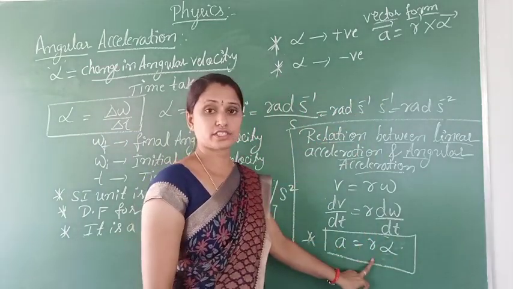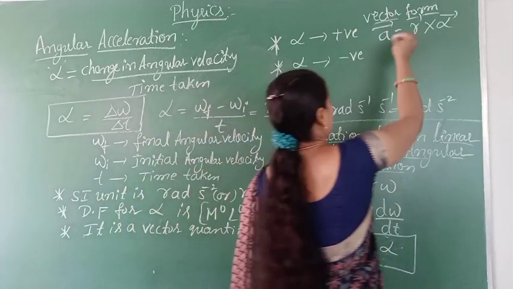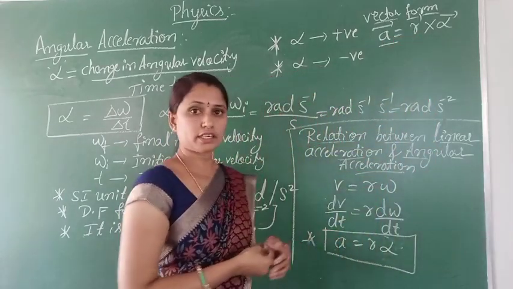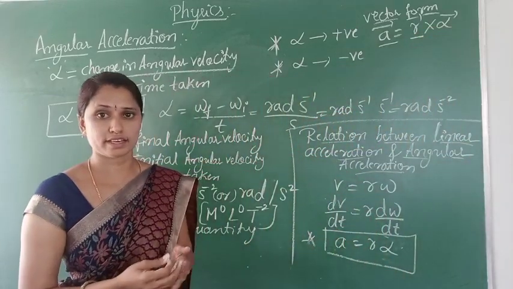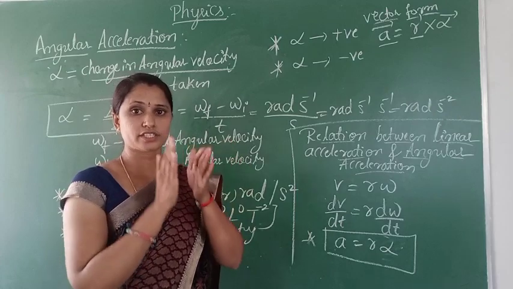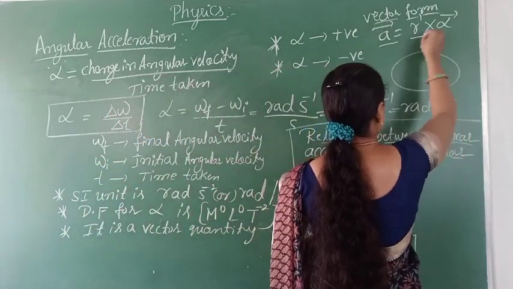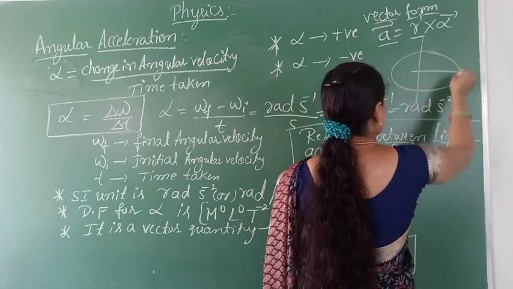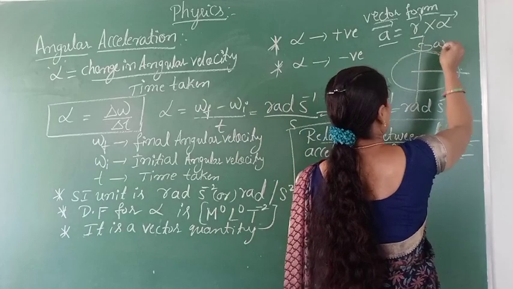Angular acceleration is always perpendicular to the plane containing the linear acceleration vector and the radius vector. Suppose the body is rotating around its circular path. This line is the imaginary axis of rotation.